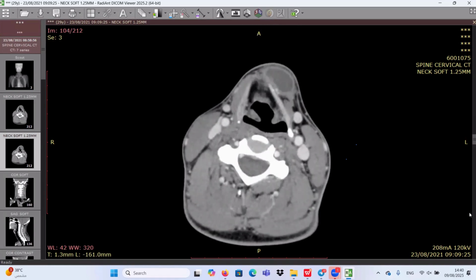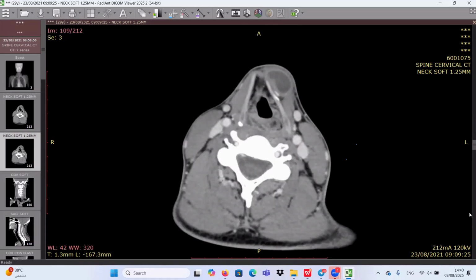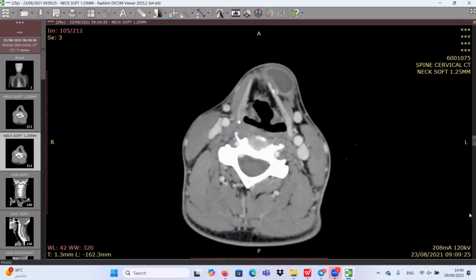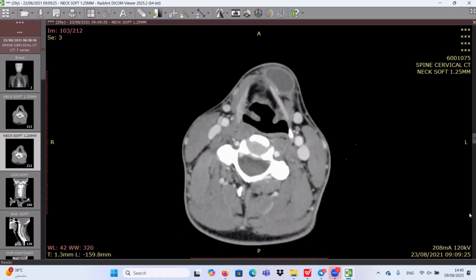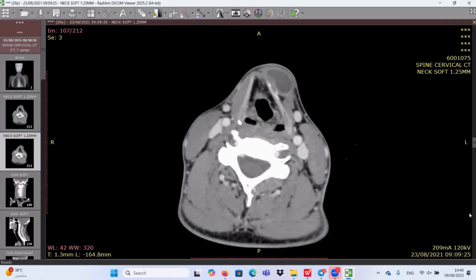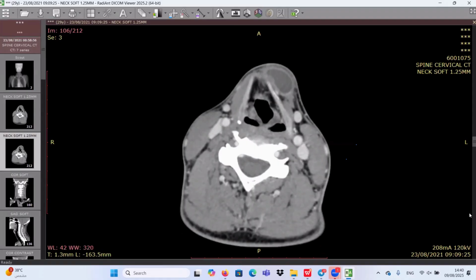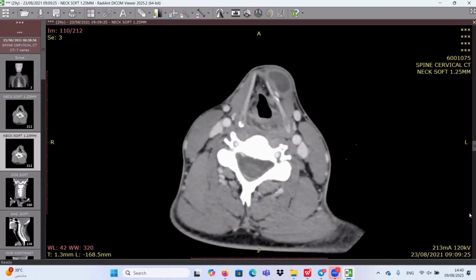This one is pathologically proved as a thyroglossal cyst, and it shows a relatively thick wall, so maybe there is a possibility of infection. We should exclude calcifications and solid components to exclude any malignant transformation in this cyst.